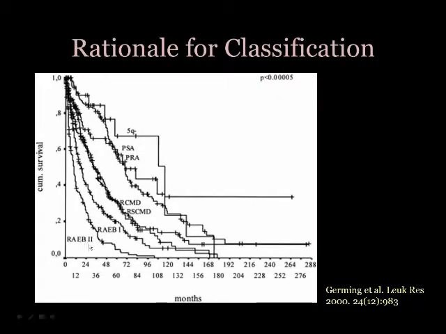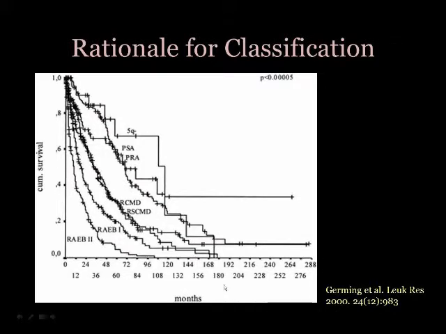So this is in one particular series, so don't worry too much about the exact figures, but this is just an example to show that in this series, the group that had refractory anemia with excess blast 2 only had a median survival of about 12 months, whereas if you had a 5q minus myelodysplasia, then the median survival was more like 10 years with a bit of a spread in between.